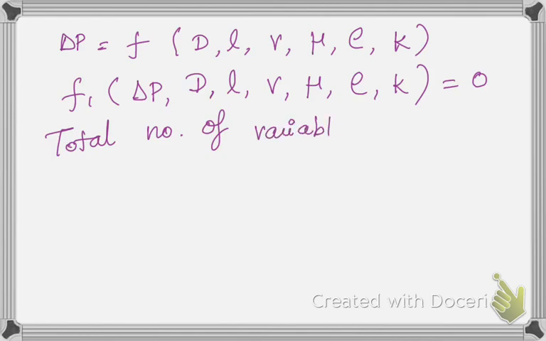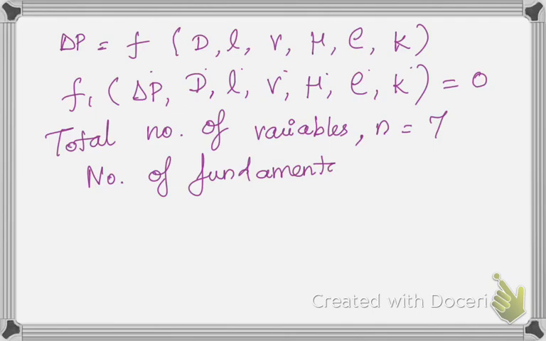In order to determine the number of pi terms, we count the number of variables n. n is equal to 1, 2, 3, 4, 5, 6, 7. So there are 7 variables, and the number of fundamental dimensions is 3, that is M, L, T. M, L, T are our fundamental dimensions.